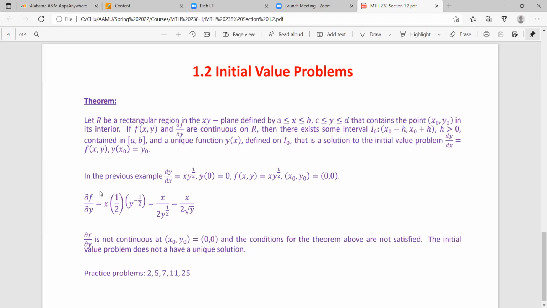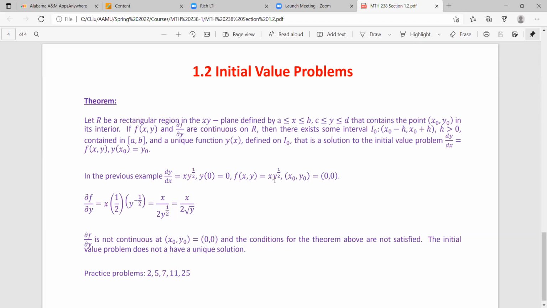But when you try to find the partial derivative of f with respect to y, you use the power rule again. Y to the half, so you don't have to worry about the x, just keep it as a constant.